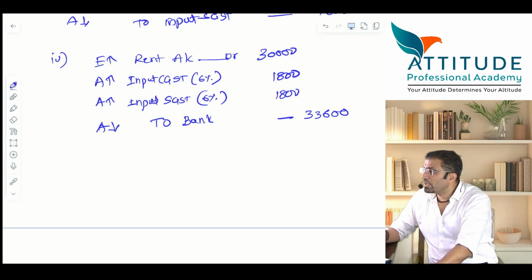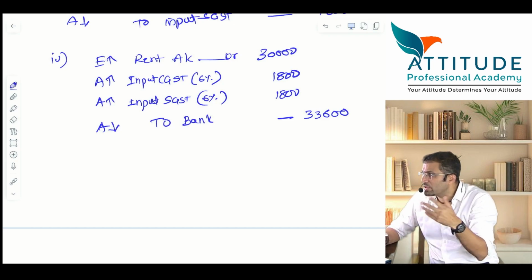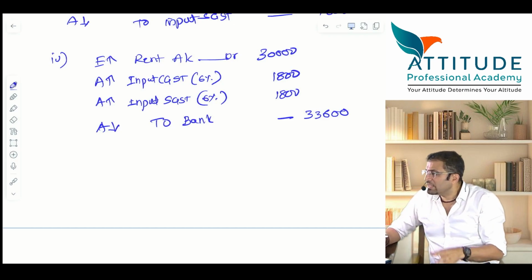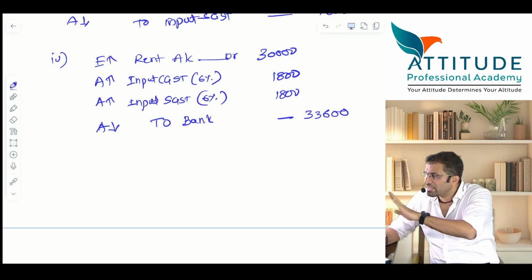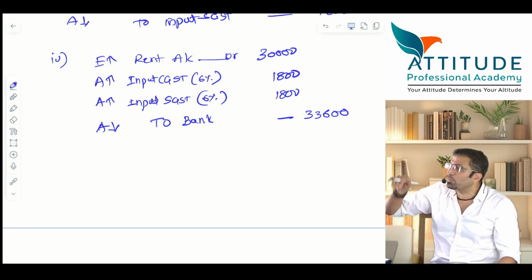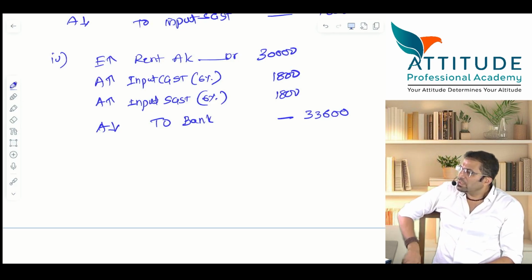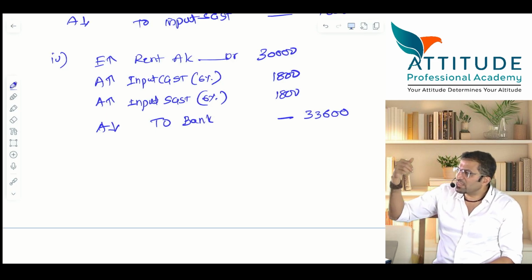It is not output. You are paying the rent means you are receiving the service. Something like when you purchase the goods, you are purchasing the services. While purchasing goods or purchasing services, you will have always input. You are selling the goods and selling services, तब output. Goods and services are one and the same now.